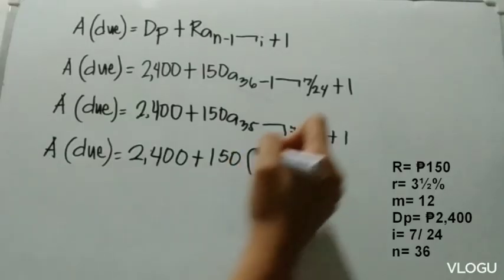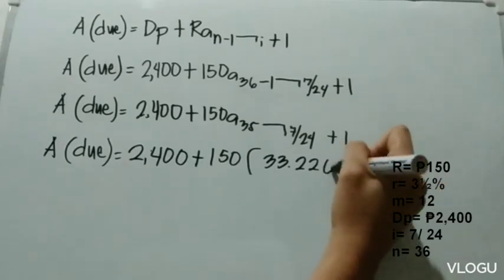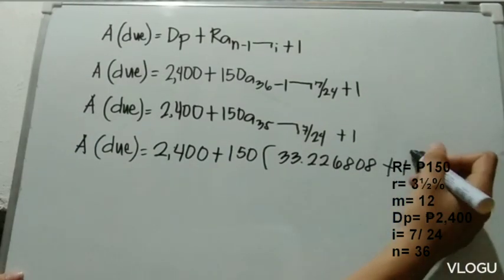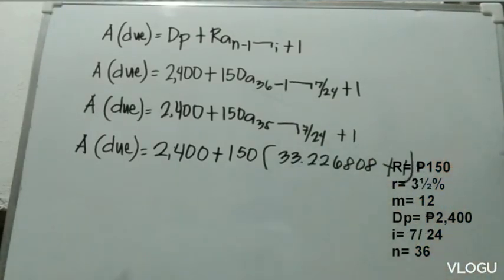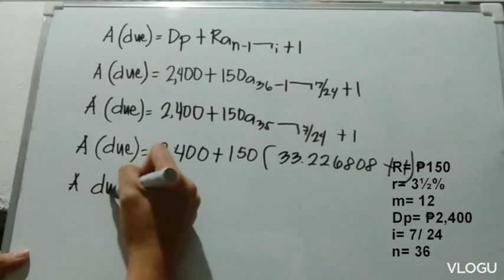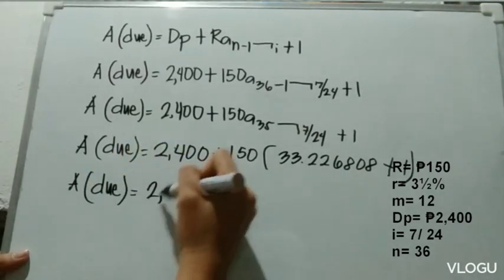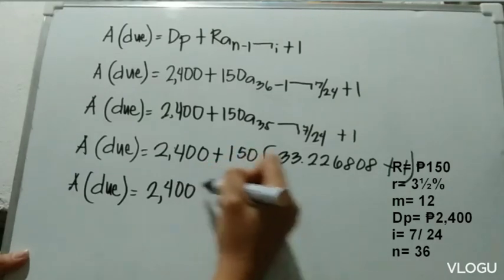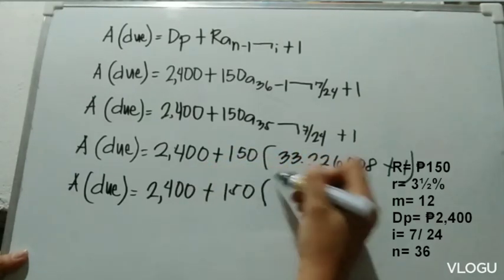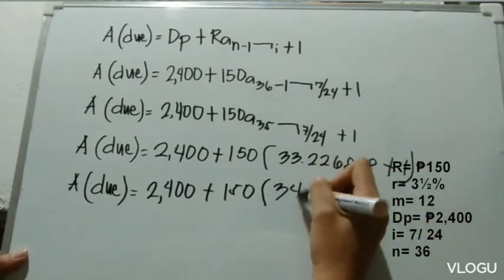So the answer is 33.226808 and plus 1. So let's continue. Let's copy our 2,400 plus 150 a, open parenthesis 33.226808 plus 1.